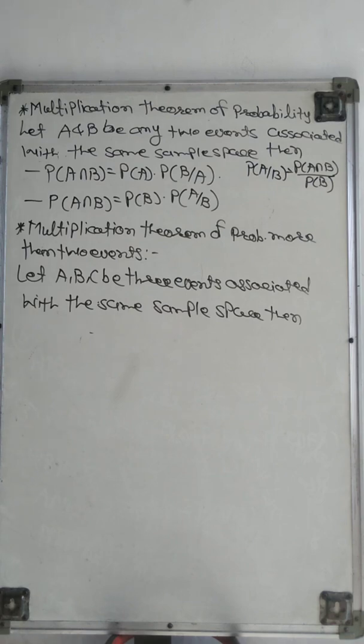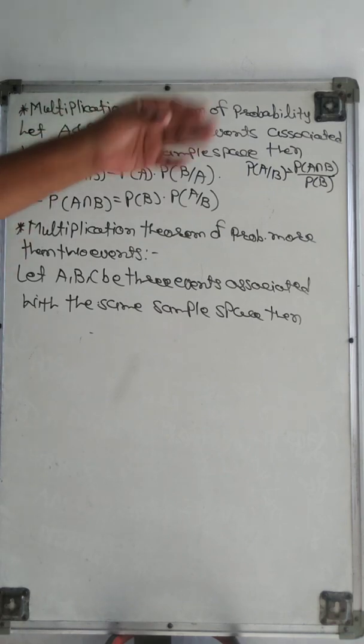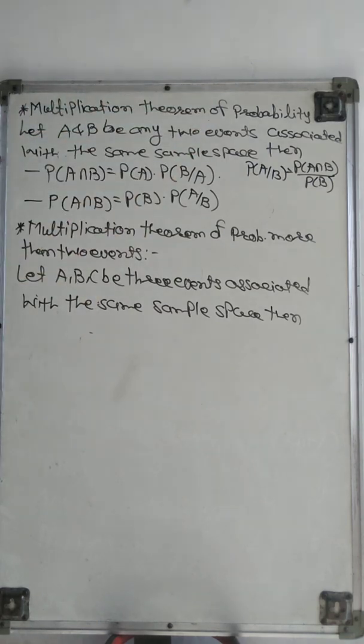If we want to find the multiplication theorem of probability for more than two events, meaning 3 events, 4 events or more, then how can we do this? Let A, B, C be 3 events associated with the same sample space.